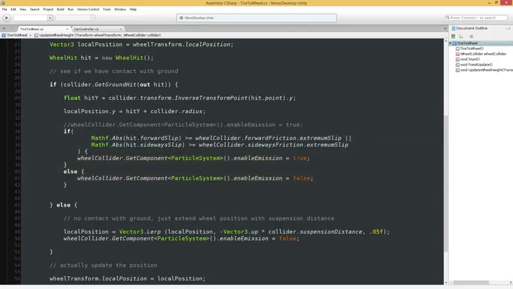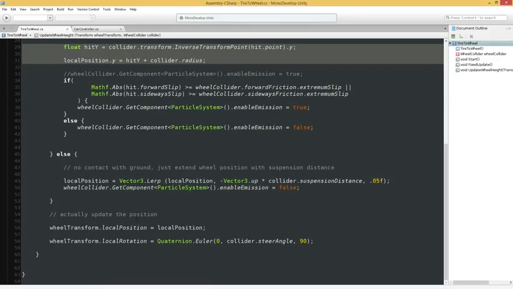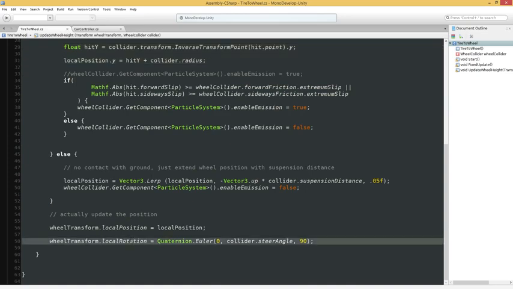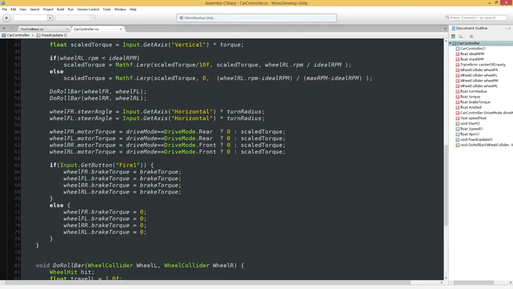But mostly what it's doing is it's got these two lines over here, which are responsible for moving the tire graphic up and down based on where the suspension is. And then there's this line over here, which is responsible for rotating the tire graphic to equal the angle that the wheel collider is turned at. And that's all there is to it.